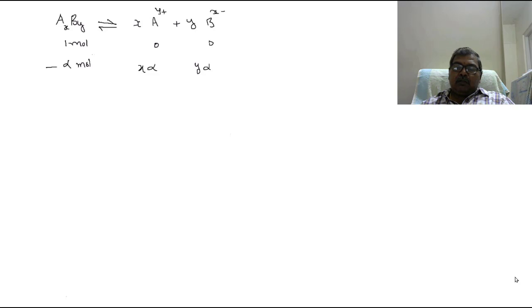Now, what is the total number of moles after dissociation? One minus alpha moles of electrolyte plus x alpha cations, y alpha anions.